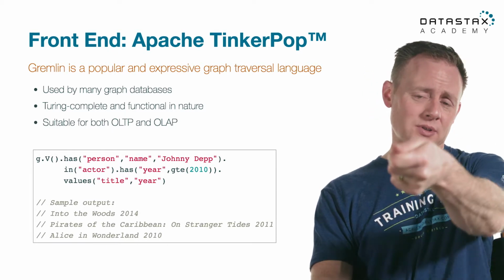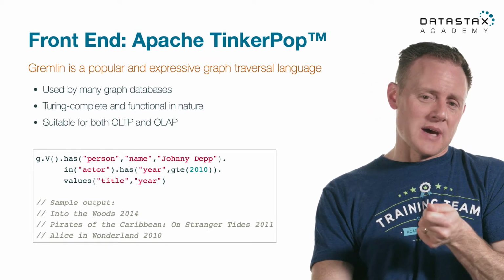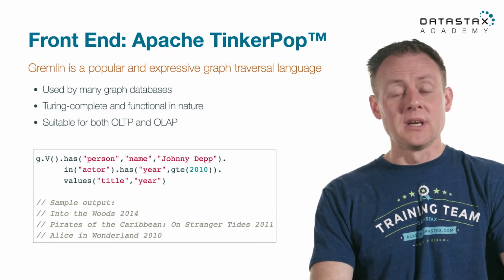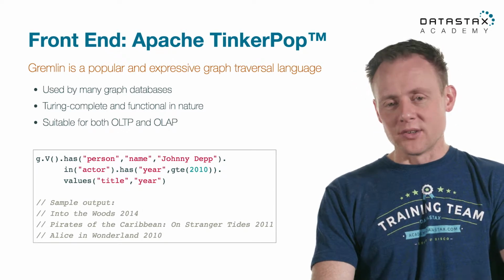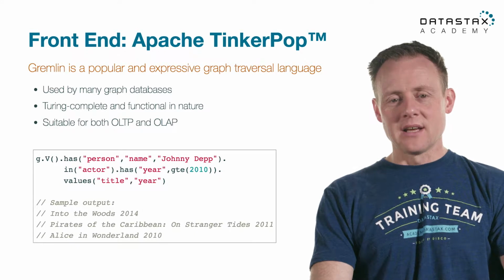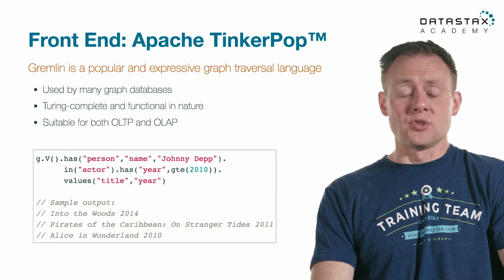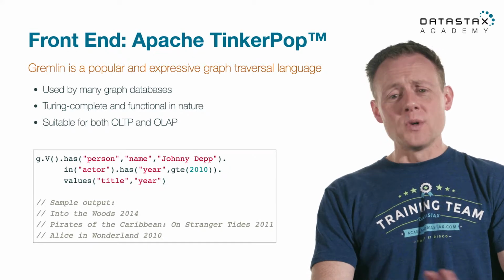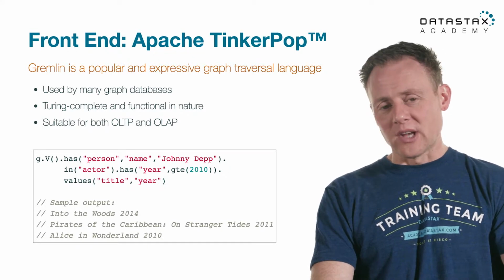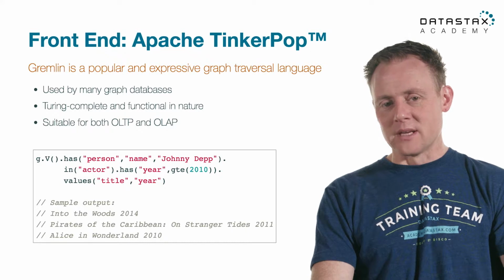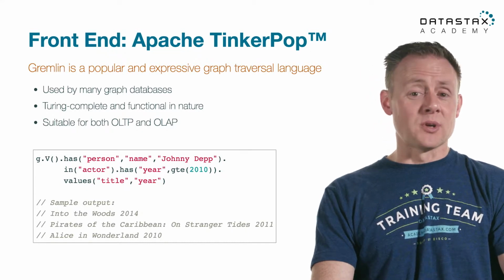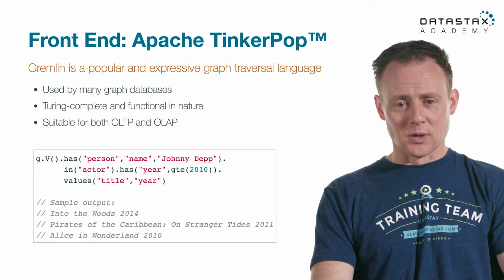So if you start with a person, the incoming edge of type actor, that's going to come from a movie probably. We want the movie whose year is greater than or equal to 2010. And then at that point, whatever movies are in that universe, that is whatever movies Johnny Depp has been in since 2010, we just want the title and the year. And in our sample output here, we've got 3 of them: Into the Woods, Pirates of the Caribbean: On Stranger Tides, and Alice in Wonderland.